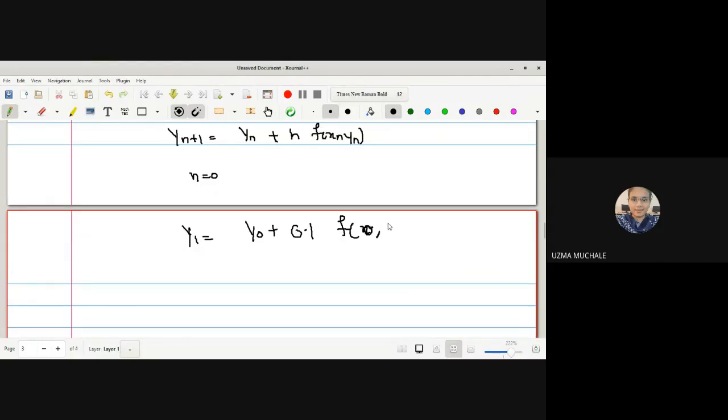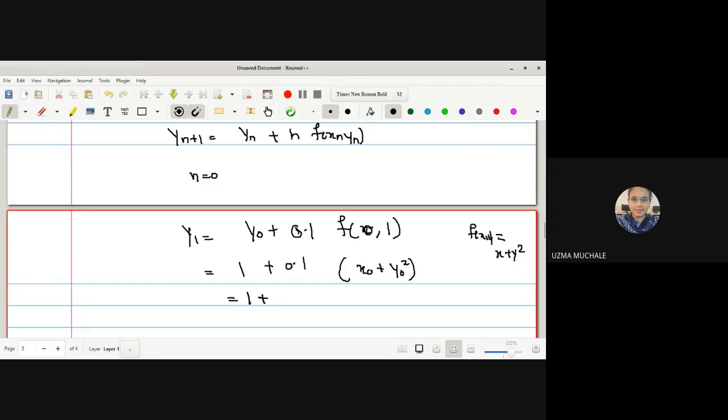It is 0, and y0 is 1 from the initial conditions. So y1 is 1 plus 0.1 into f of x y. A function is x plus y square. So we write x0 plus y0 square.